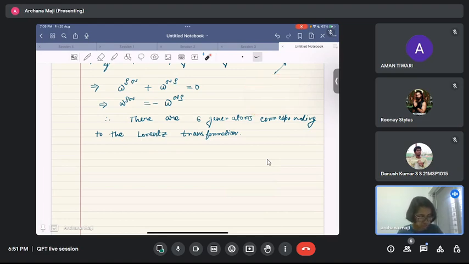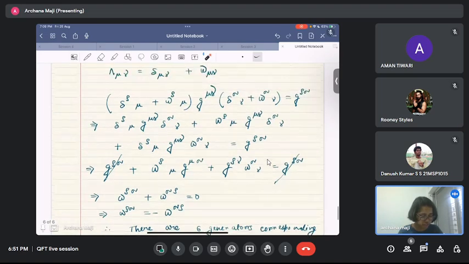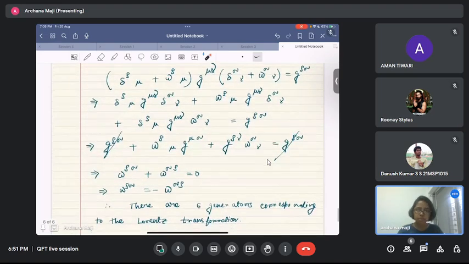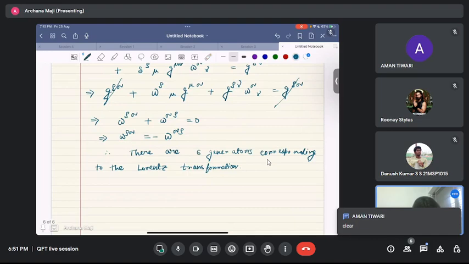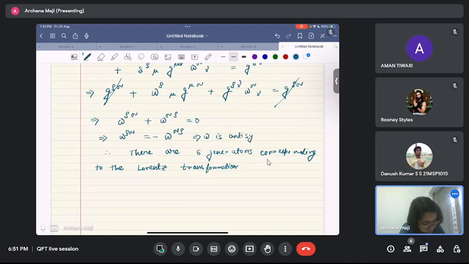Okay, is this clear? Are there any questions? Okay, which implies that omega is antisymmetric under the exchange of the two indices.